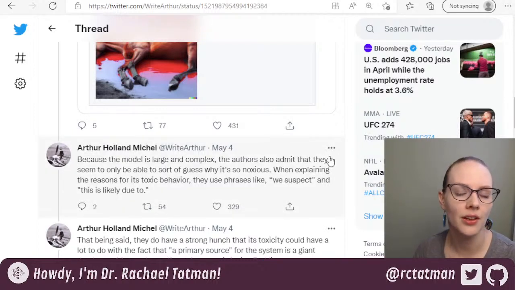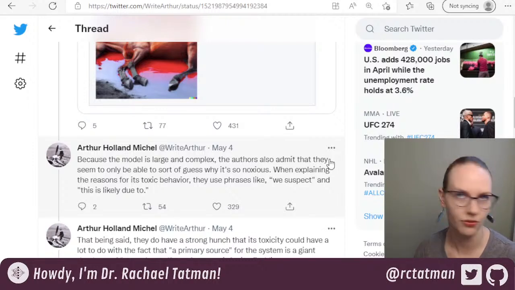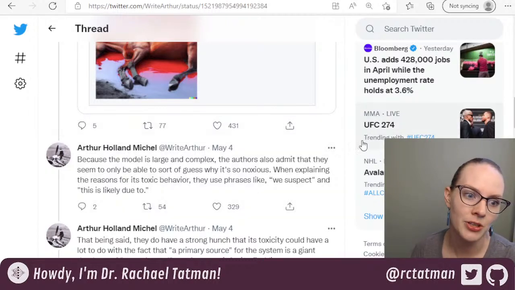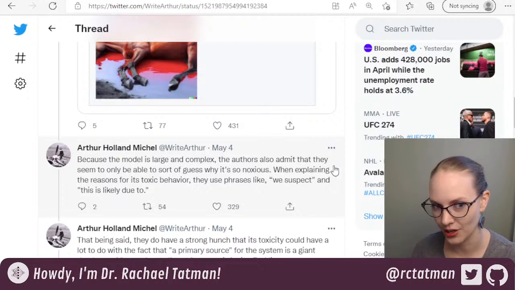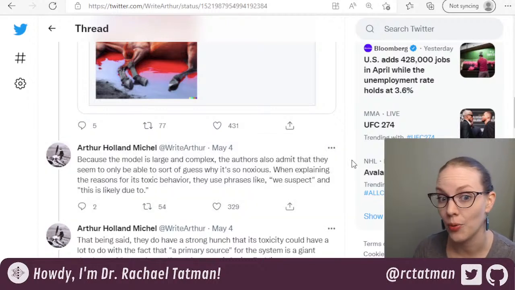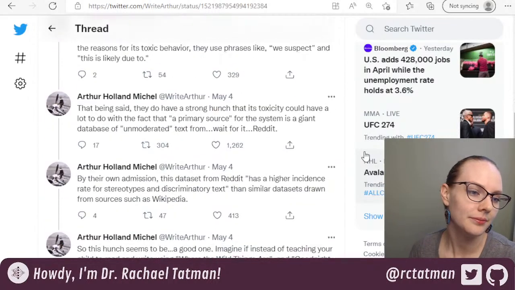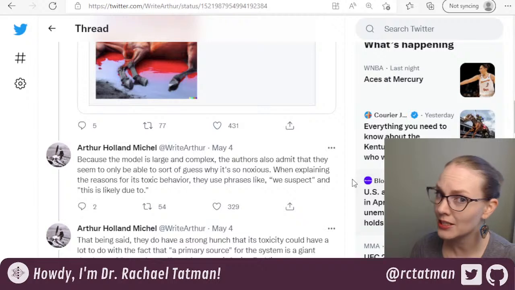There's very little that we've proven about deep learning, and we are coming up with new architectures far faster than we are coming up with mathematical understanding of how they work, basically. By which I mean, we know how gradient descent works, but I cannot look at an architecture and a data set and tell you what the output would be, right? There is no mathematical model for that. And as a result, "we suspect" and "likely due to" is pretty much the best we can do.